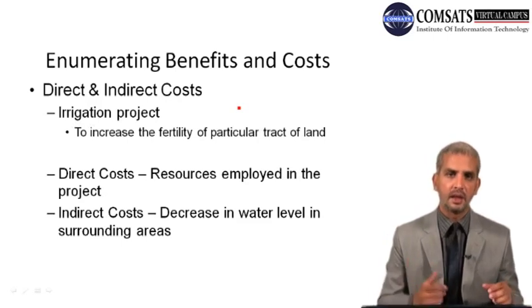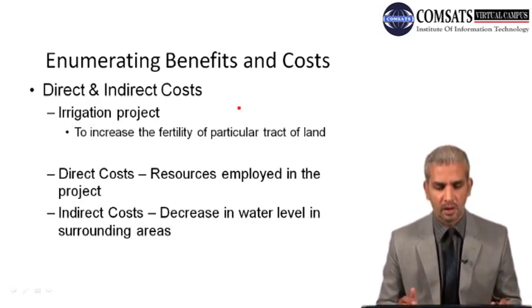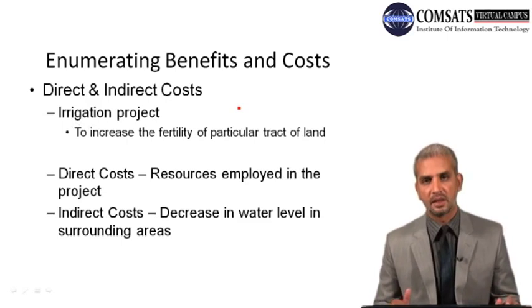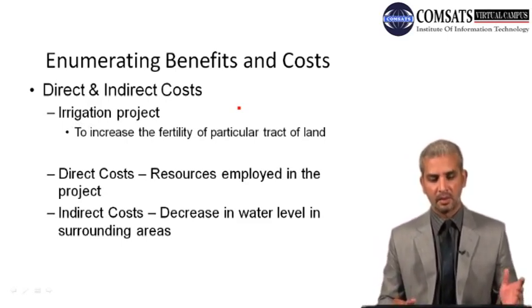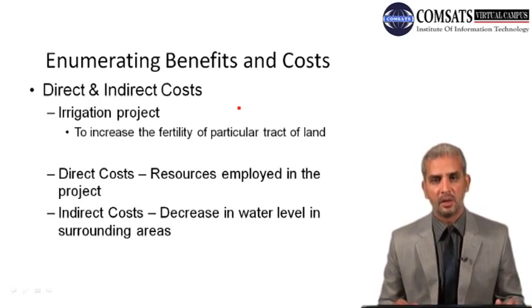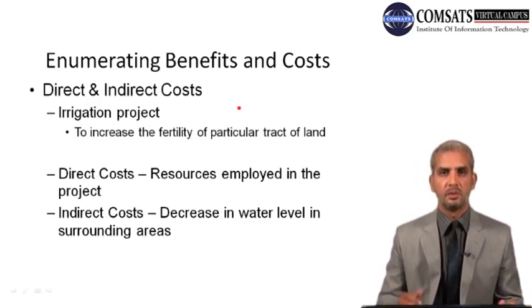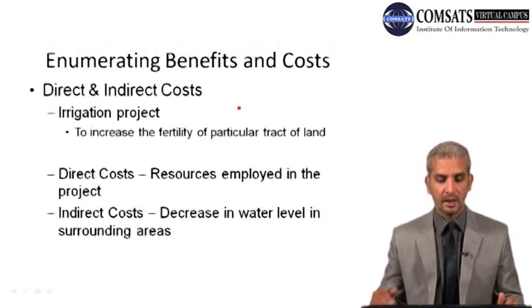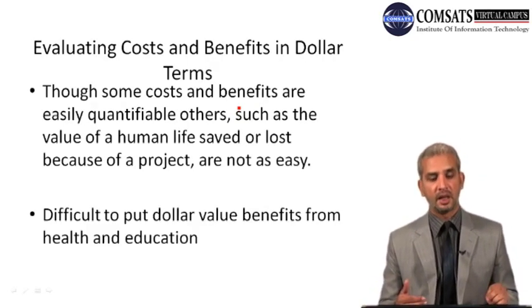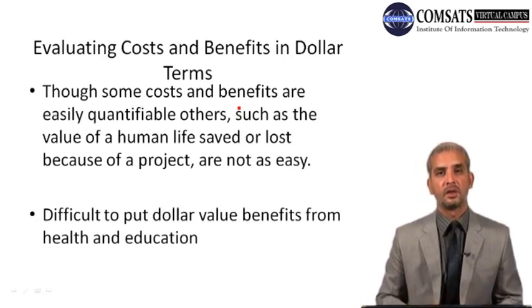So that would again be an indirect cost. So in this slide we have discussed the direct cost and indirect cost, and this is under the first step, enumerating benefits and costs, which means making a list of all the benefits and costs. Then the second step would come up, which is evaluating costs and benefits in terms of dollars.